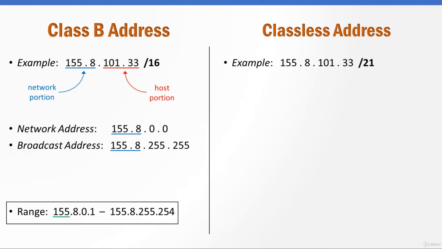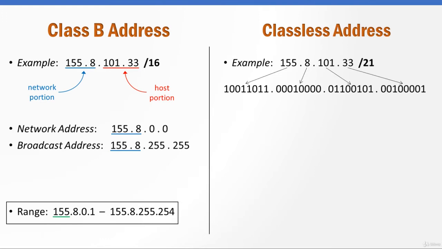For this example, we're going to need to write this IP address in the binary format. Now it's a bit easier to distinguish the network portion from the host portion. We're going to look at the first 21 bits.